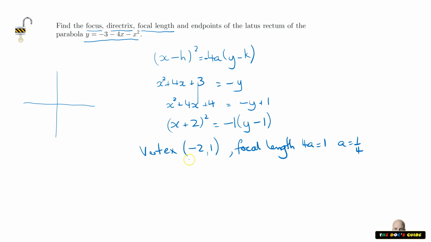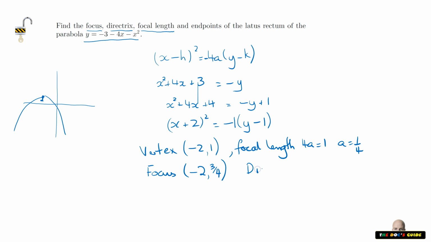If we mark the vertex, so (negative 2, 1), so it's here somewhere, and it's concave down, so it's going like this, and we want the focal length to be a quarter, and it will go down this way, then the coordinates of the focus itself will have our same x value of negative 2, but it will be a quarter lower than the vertex, so it will be at 3/4.